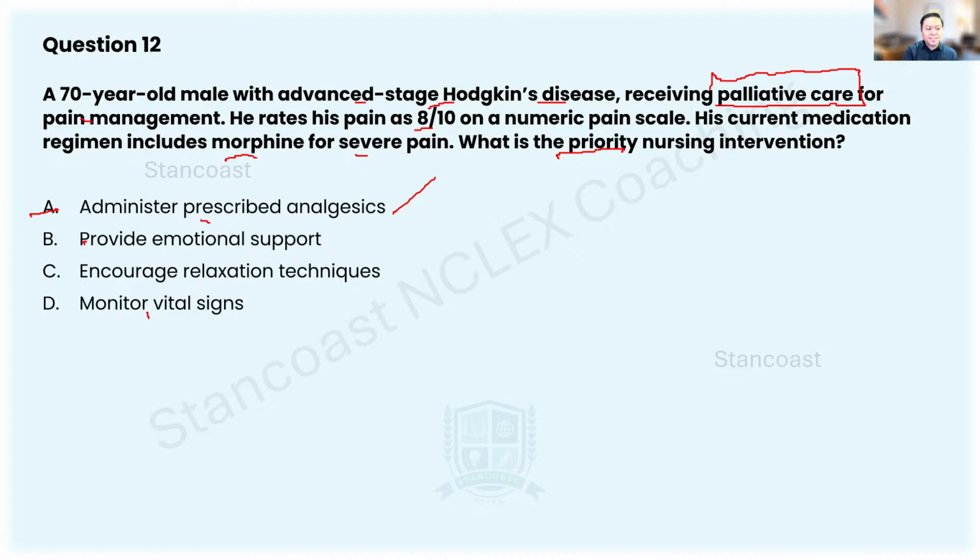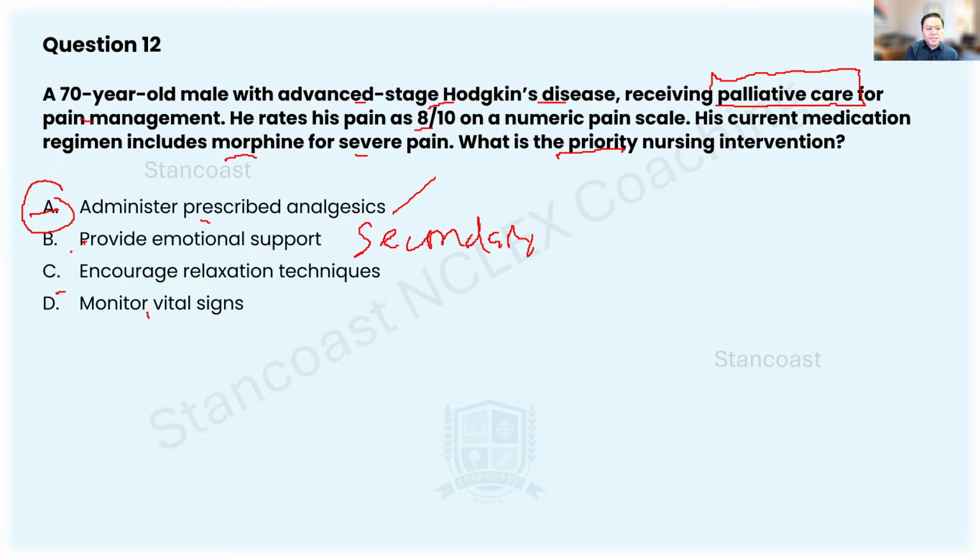This is it. Letter B can be another nursing intervention, but it will not replace a higher priority, which is pain control. It is going to be a secondary action.